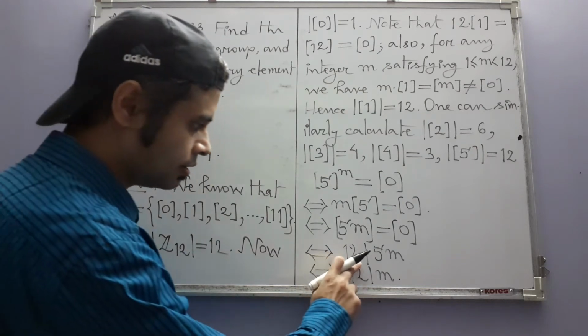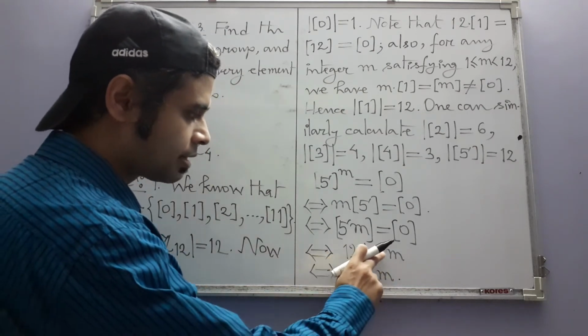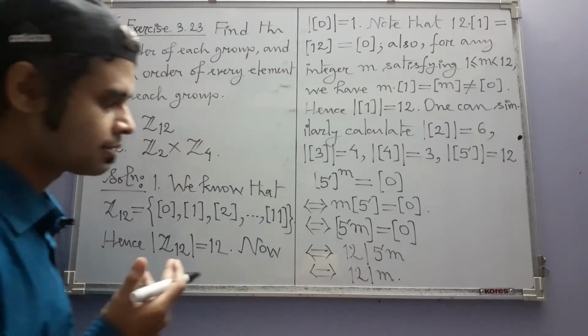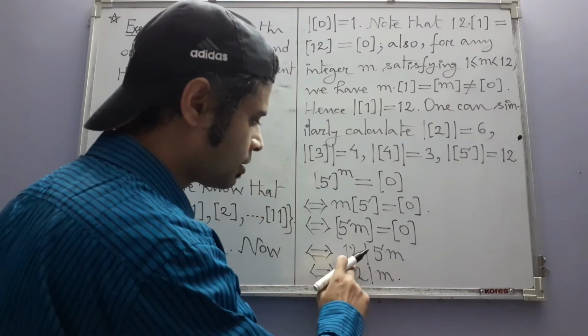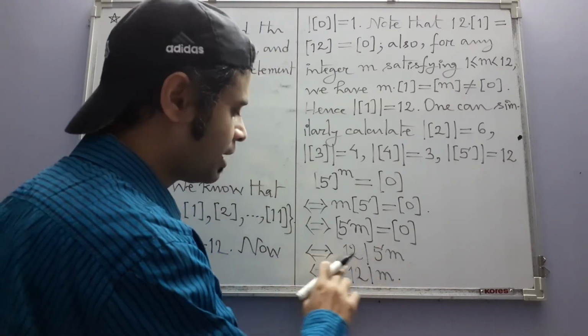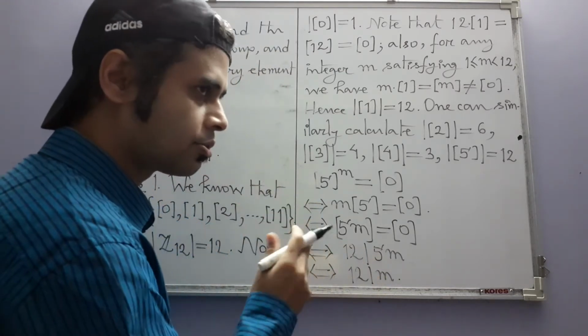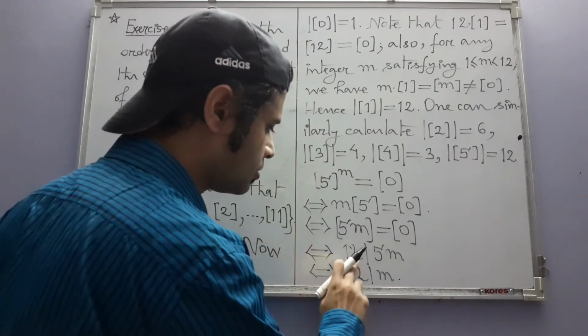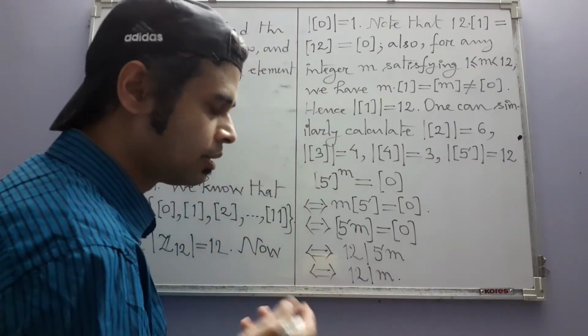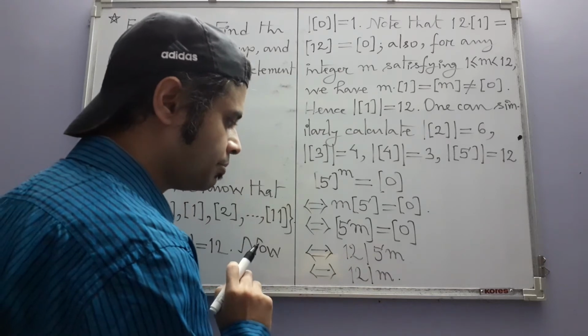In this divisibility, 12 has nothing to do with 5 because it does not have any factor common with 5 other than 1. There is no other positive common factor. So its greatest common divisor is 1, that is, they are relatively prime.